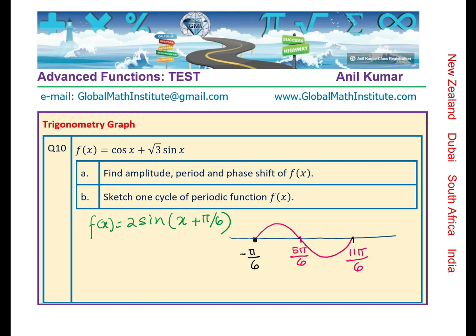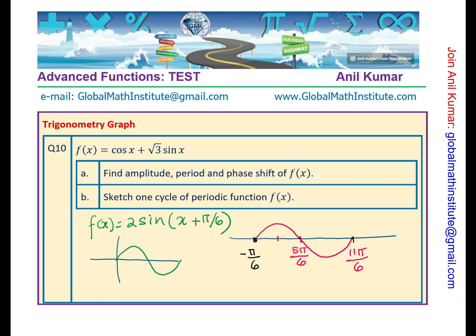The midpoint, which is 3 pi by 6 or pi by 2 normally, will shift further pi by 6 to the left, right? So you could think like this. The original wave will be like this, right?